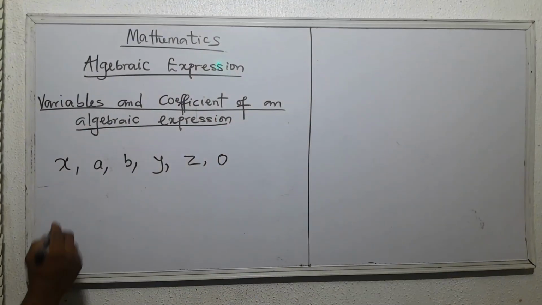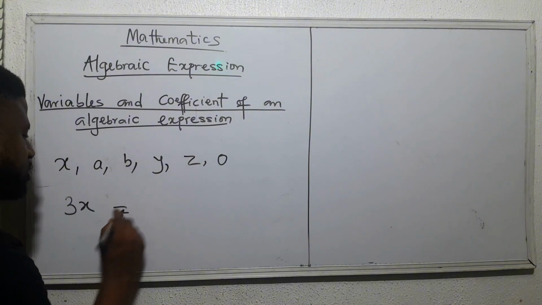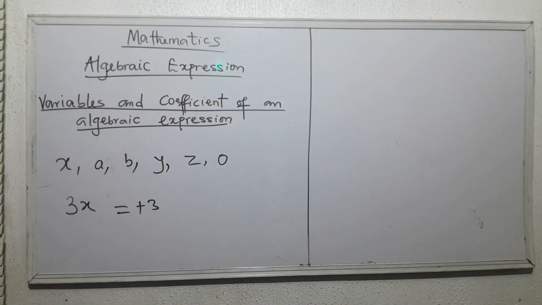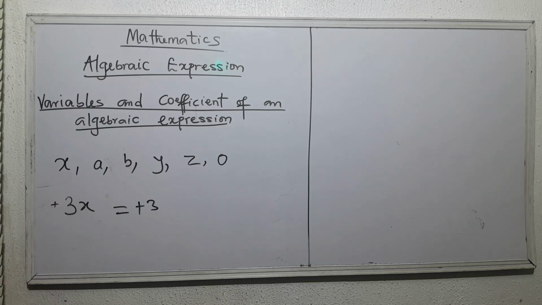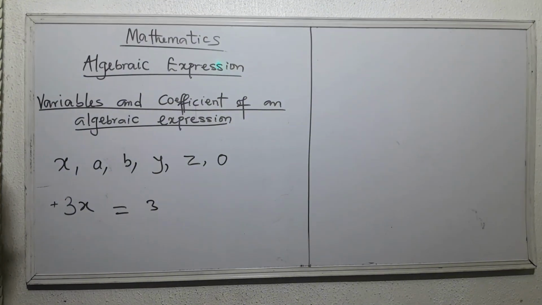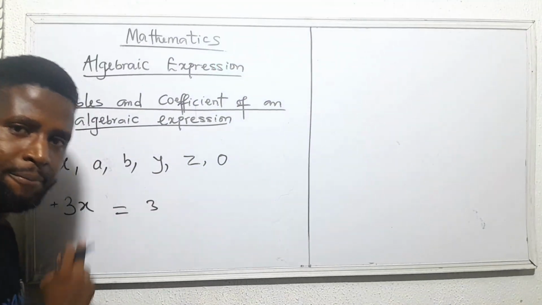For example, if I have 3x, the coefficient of the variable x is plus 3. We know that the operator here is positive. However, because it is positive, it's not necessary to write it, because even if you leave it like this, it also still means positive 3.